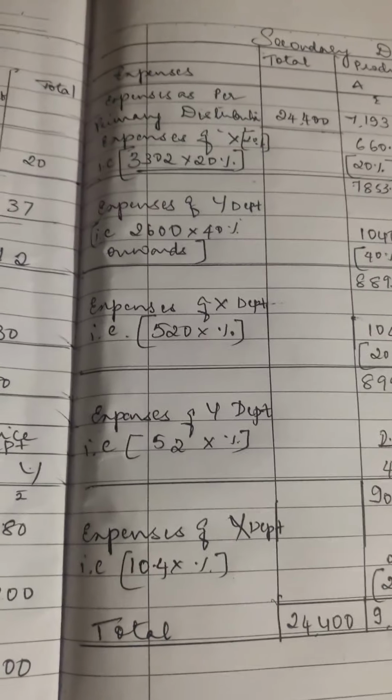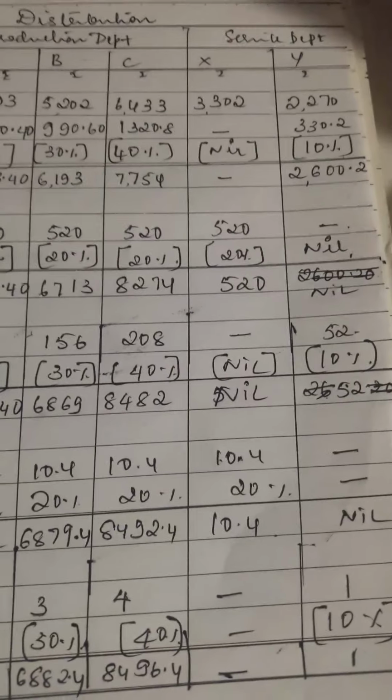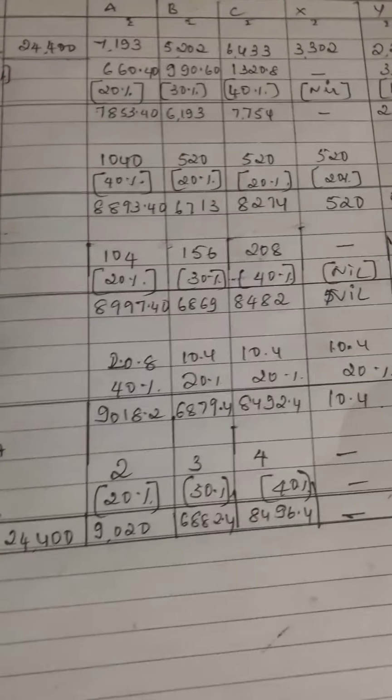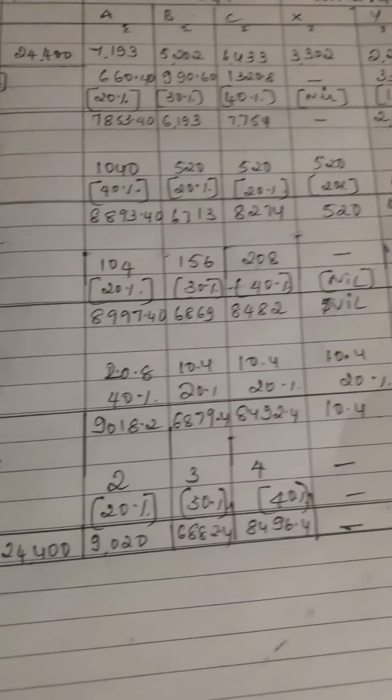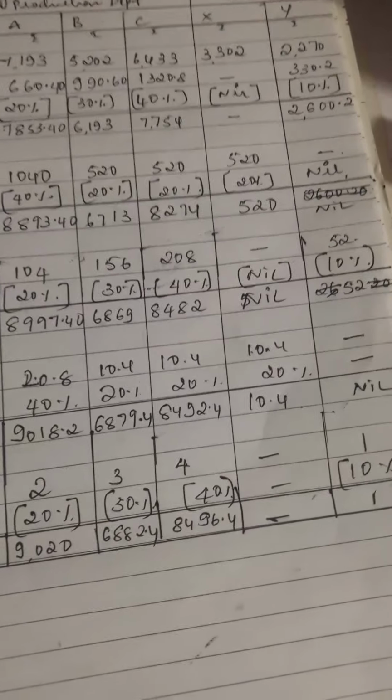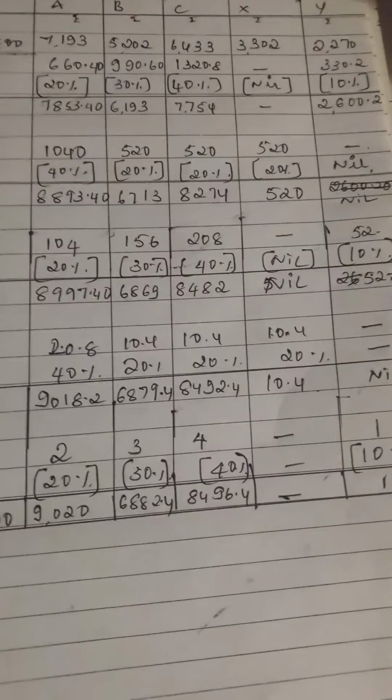So now when you make the total of X department, what is the value? 520. That 520 of X department should be distributed in the ratio of 20:30:40. X department we will not distribute, so it is nil, and 10%. This is the value you get. After this, you add up, and we will get a nil value here.